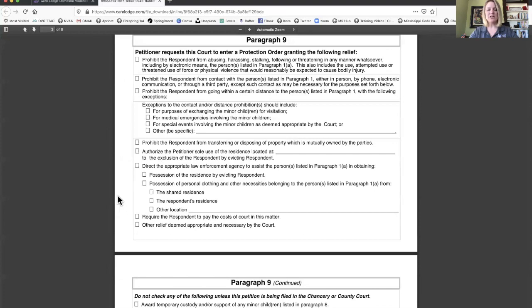For these remaining sections, you're asking the court to make sure that law enforcement is present when the abuser comes to get their personal belongings. This means medications, uniforms for school or work, and other items that are needed for daily living. You can also ask for the respondent to pay for the court costs, and you can leave it open for the court. If they see additional things that need to be considered, select this box here.